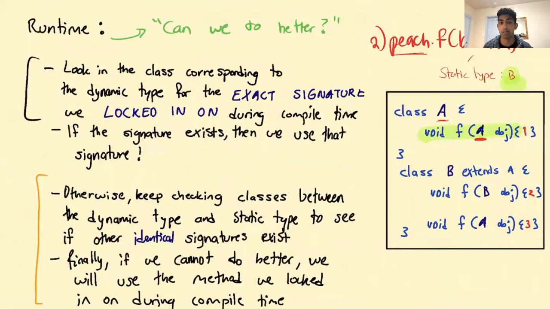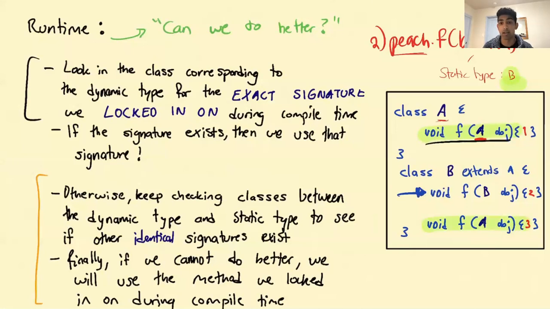Then during runtime, we're going to ask ourselves, can we do better? So we go to class B, and we see that the exact same method signature exists right here. What's very important is that we don't choose this other method signature, because during compile time, we locked in on this exact method signature.